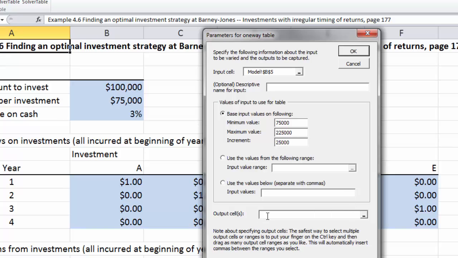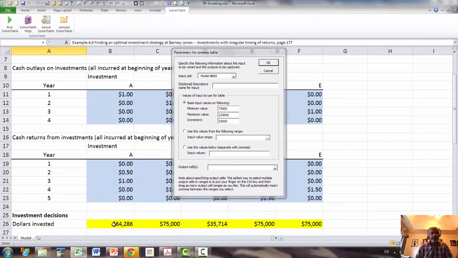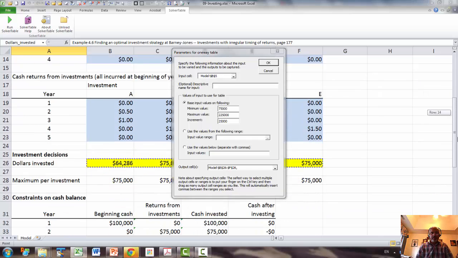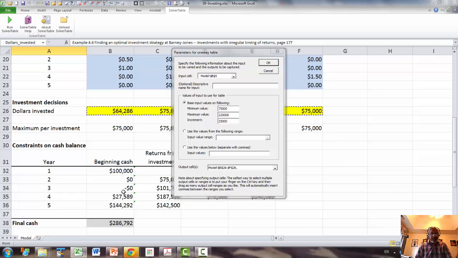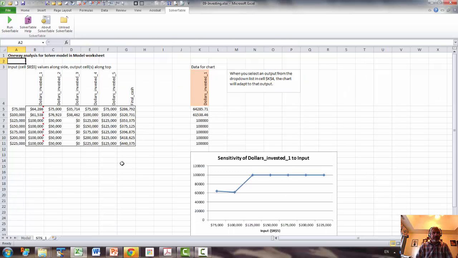And we want to look at as output how many dollars we're going to invest in each of these, comma, control click the final cash. That's what we want to look at, and here is our results.